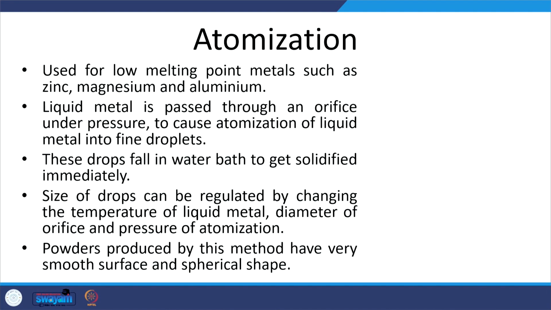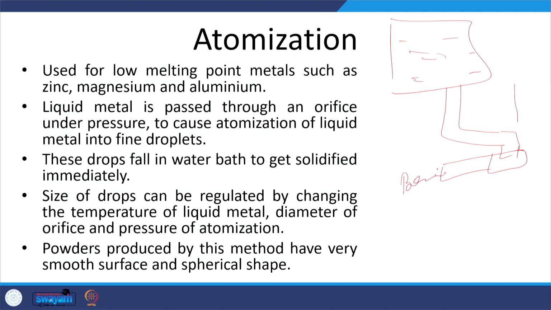In atomization, say there is a molten metal bath. From this, we supply the molten metal, and it is pressurized somewhere on the route. This pressurized molten metal is passed to a nozzle, an orifice of particular size, which will govern the atomization.